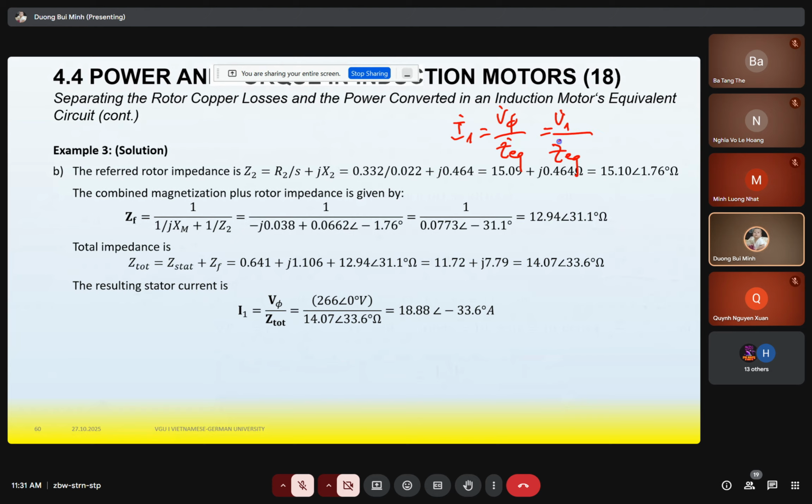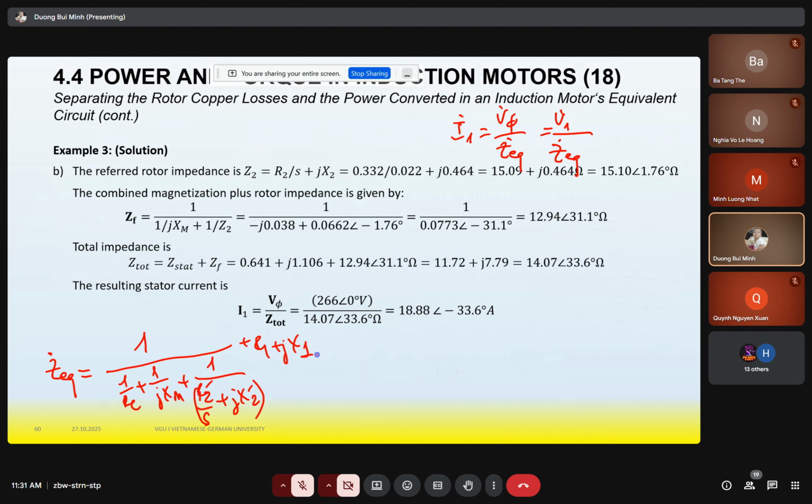And we have the formula to calculate the equivalent impedance: 1 over (1 over RC plus 1 over jXM plus 1 over R2 over s plus jX2), then plus R1 plus jX1.